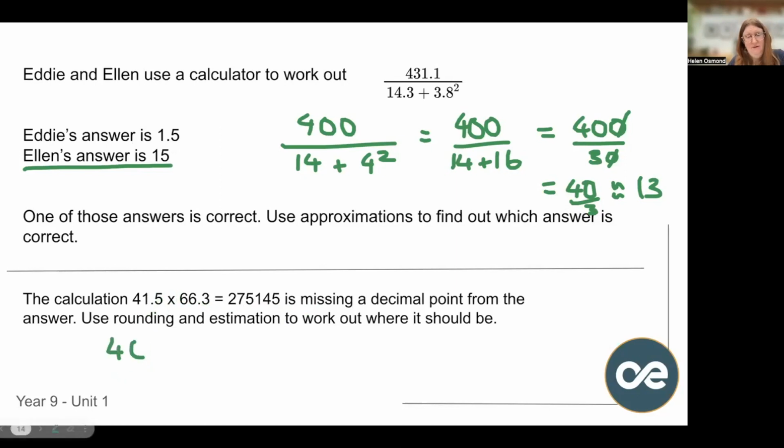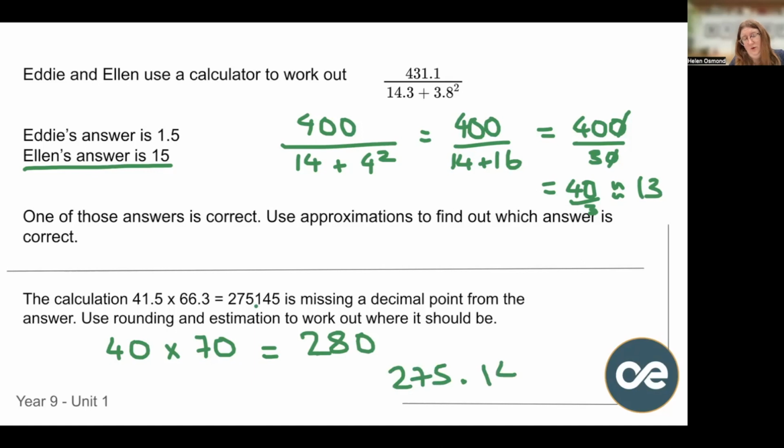So this is roughly 40 times roughly 70, which if you were to calculate in your head is 280. 4 times 7 is 28, and then the 2 zeros, 280, which means the decimal place is going to be around here. We get 275.145 because our estimate is close to our actual answer.